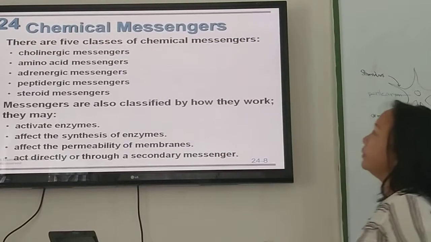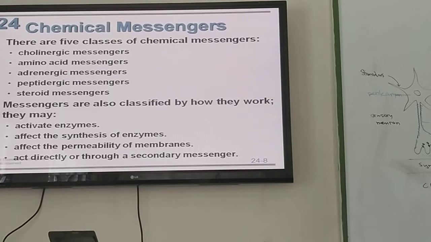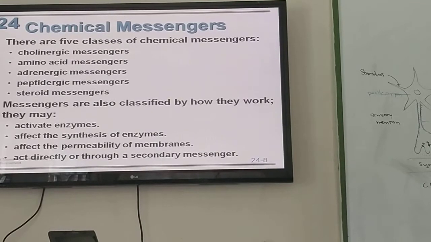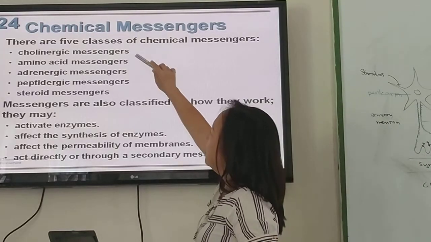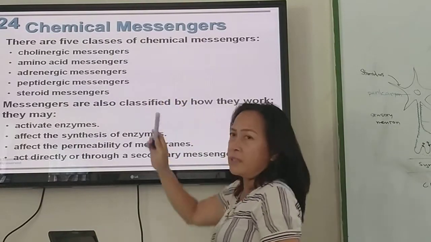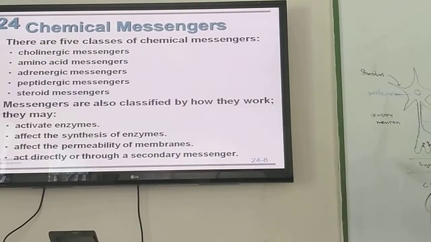Okay. There are 5 classes of chemical messengers. You have cholinergic, so you have the word choline. Cholinergic messengers, amino acid, adrenergic, peptidergic, steroid messengers. Now, all these messenger classes, the first four, only stay outside the cell.